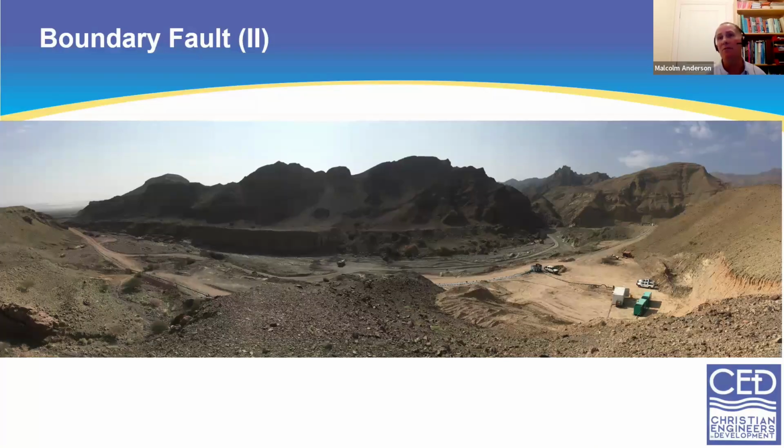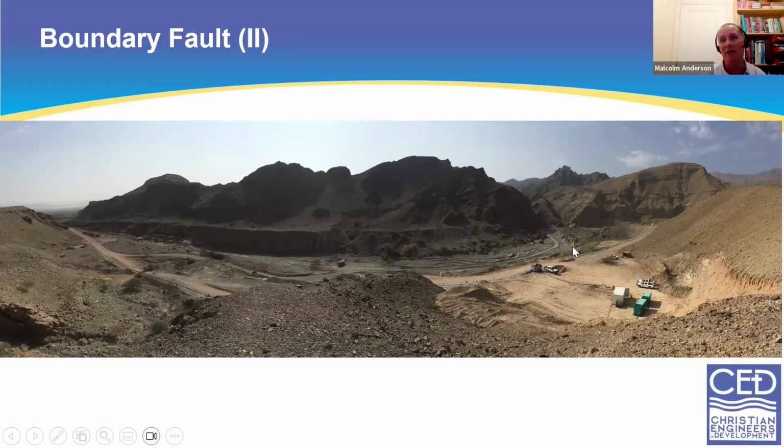Another shot of this same fault. The last picture was taken from the top of this mountain here, in 45-degree plus heat. It's very hot here. And then there's the slope and the plane of the fault. This here is the red Danakil formation. This is the Jurassic limestone.